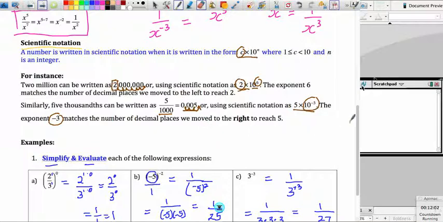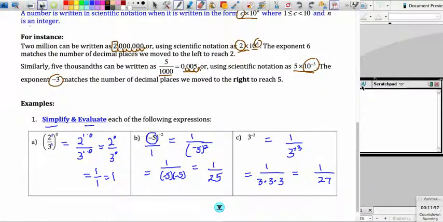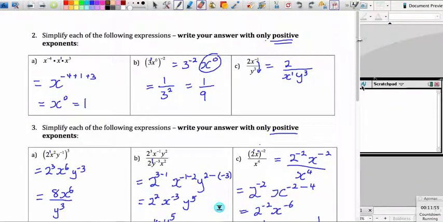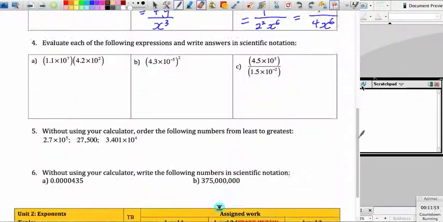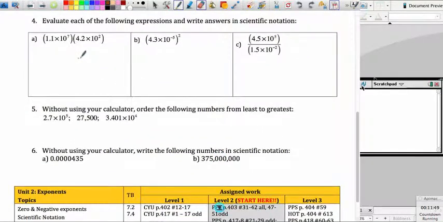Okay? And so we're going to go right ahead and move into the examples. Two different kinds of examples. The first kind are ones that can be done on the calculator, and I'm going to show you how to do those on the calculator.